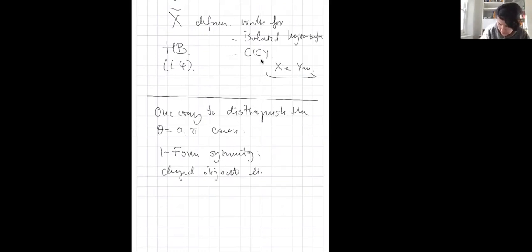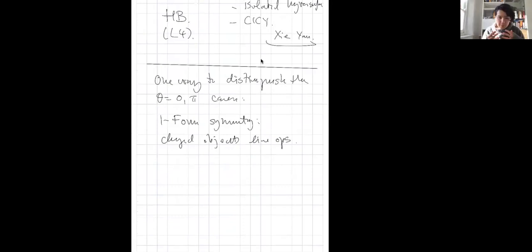are the line operators, and we can calculate the one form symmetry using essentially completely geometric methods too. So morally speaking, it's the non-compact curves, right? These are the Wilson lines, infinitely heavy, modulo screening, compact 2 cycles.